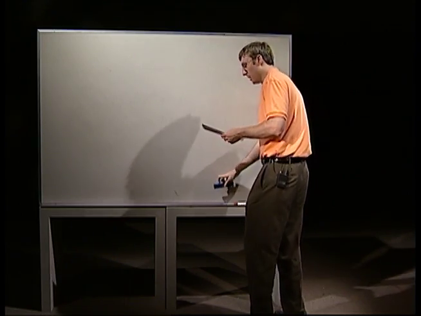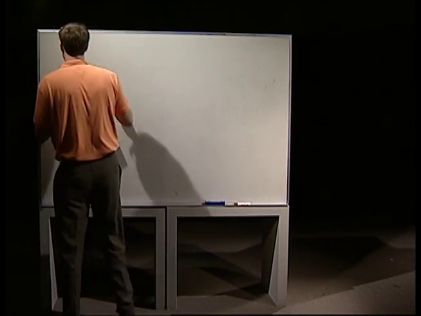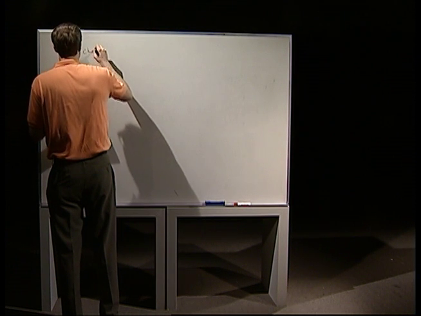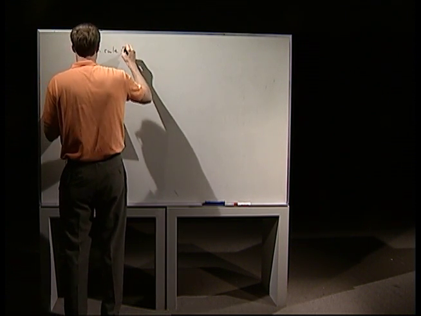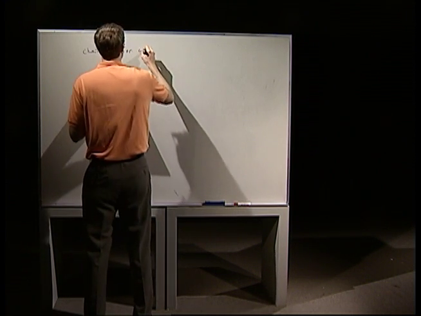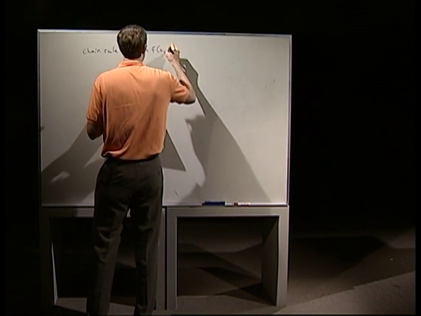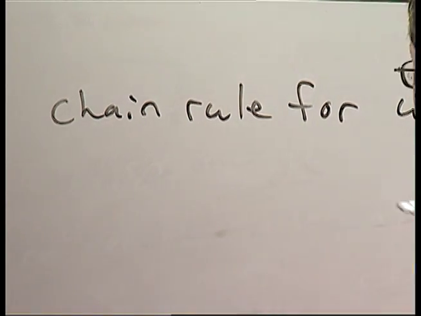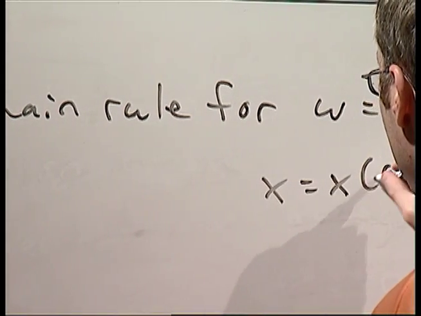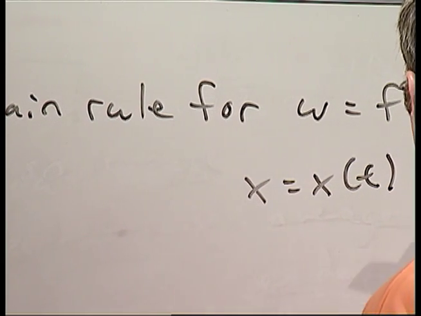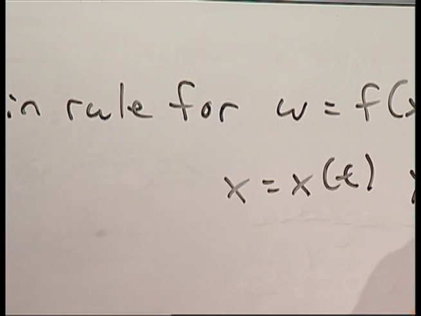Okay, so let's move on to more general chain rules. How about the chain rule for functions of 3 variables? Suppose you have w as a function of x, y, and z, and each one of those separately is a function of a single variable t.